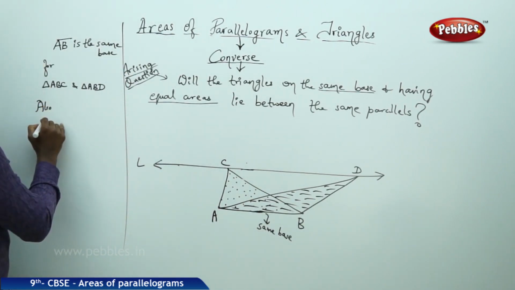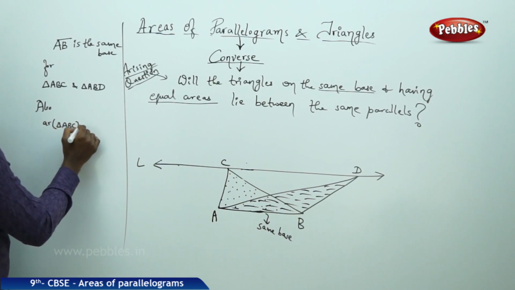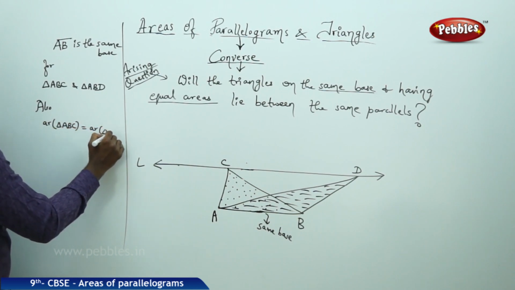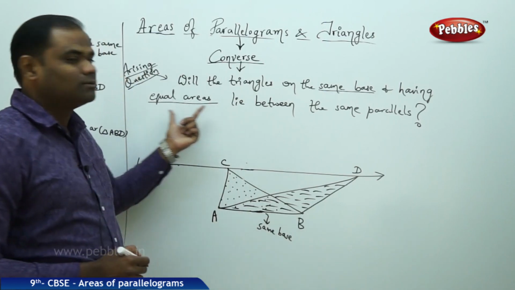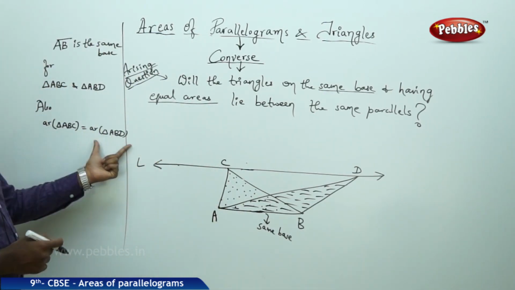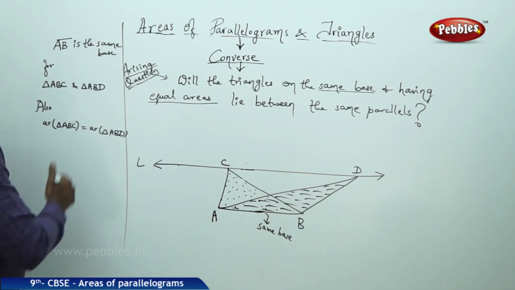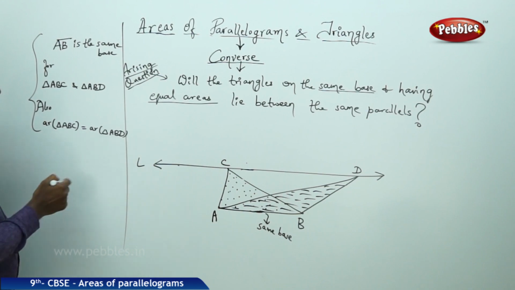Also, area of triangle ABC is equal to area of triangle ABD. These two triangles are considered in such a manner that they have equal areas. So with these two conditions, let's see if the two lines are parallel.